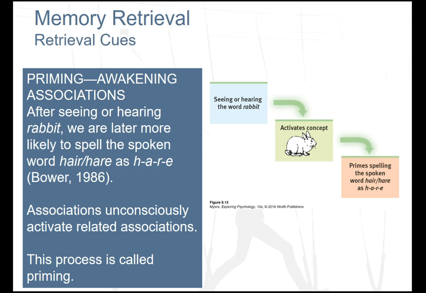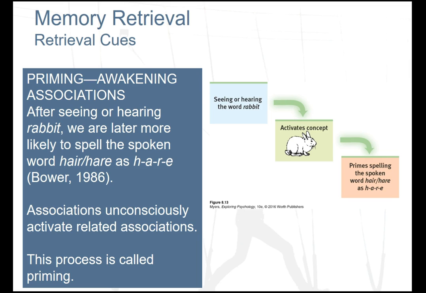One thing we know is that you can prime your memory to help you retrieve information. So as you see on the screen, hearing the word rabbit, later when asked to spell hare, which could be spelled two different ways, people are more likely to spell it H-A-R-E, as in a rabbit type hare, whatever you call it.